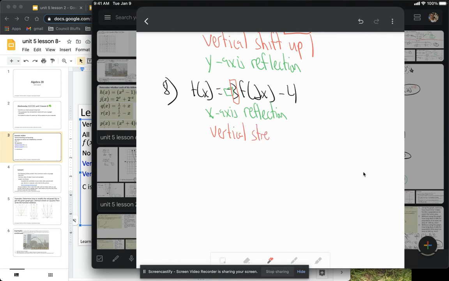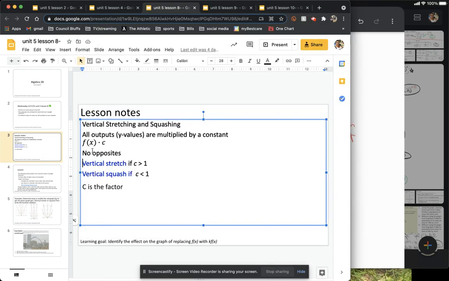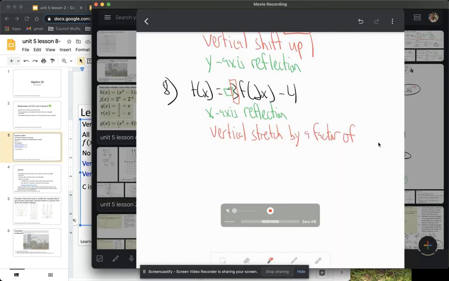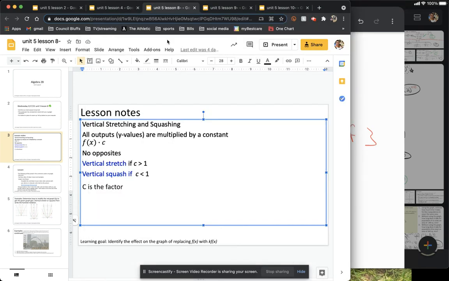A vertical stretch by a factor of, do I have to do opposites here? Nope. So by a factor of 3. The next one I have to deal with is the multiplying by 2. So that's this one right here. So this is going to be a horizontal stretch or squash.